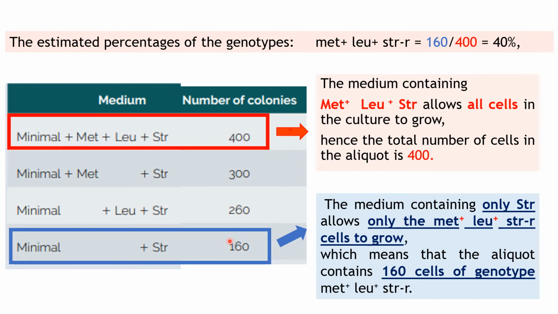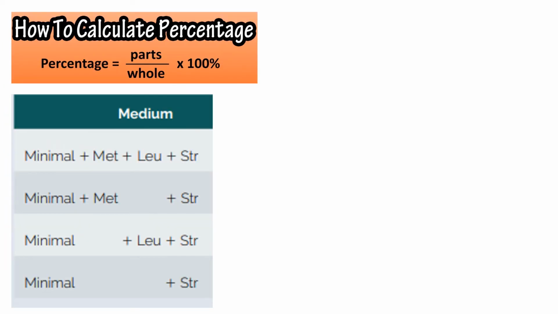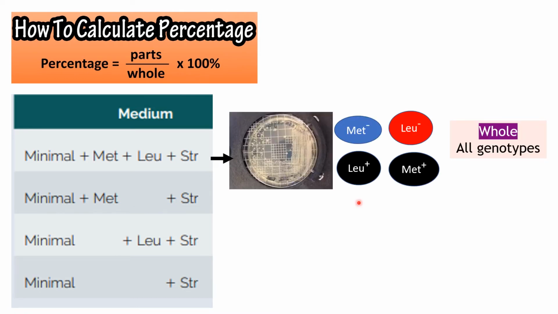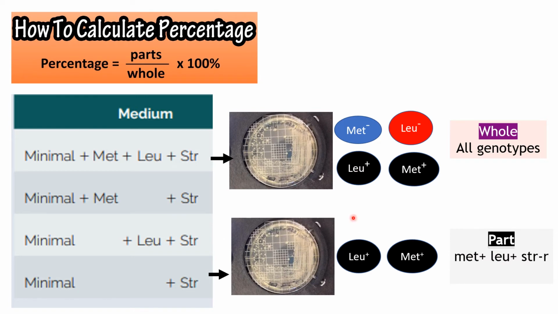In other words, with the schematic, to calculate that percentage you take the part divided by the whole, multiplied by 100. The whole is all these cells you're growing, and the part is only these ones.